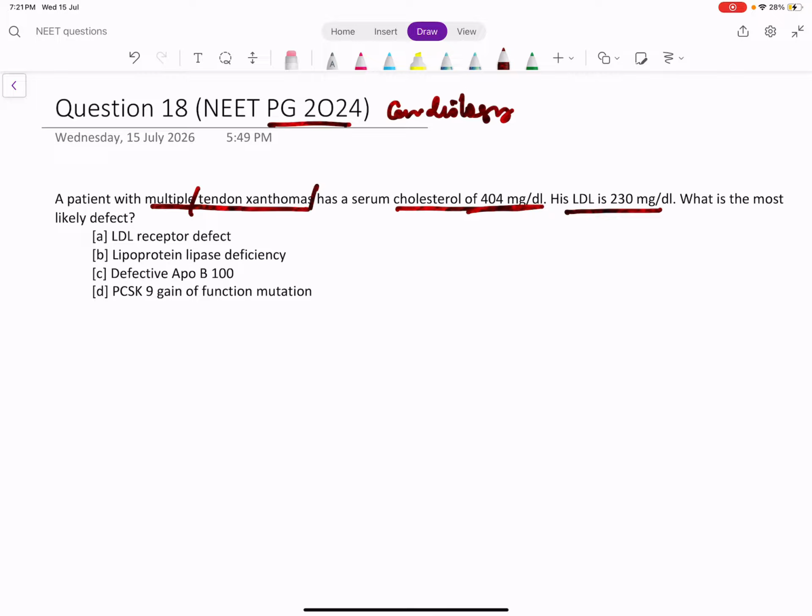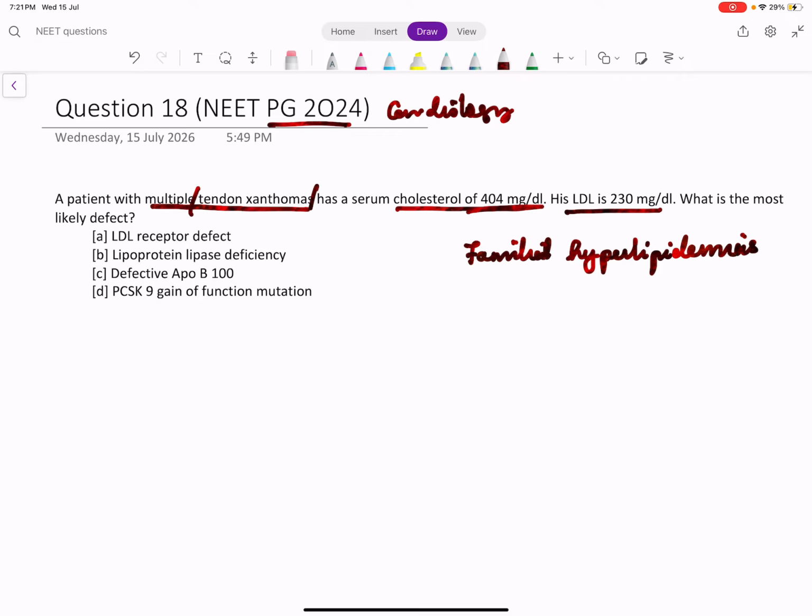Tendon xanthomas. You would have heard about the classification of familial hyperlipidemias. So lipids are of various types: VLDL, LDL, IDL, HDL, and triglycerides.